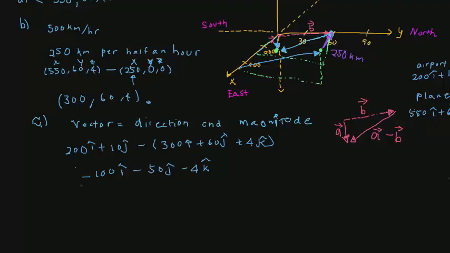And let's find the magnitude. So the magnitude will just be the square root of the sum of the squares of the components, including plus negative 50 squared plus negative 4 squared. I'm going to use my calculator.